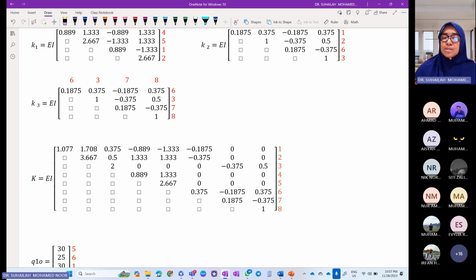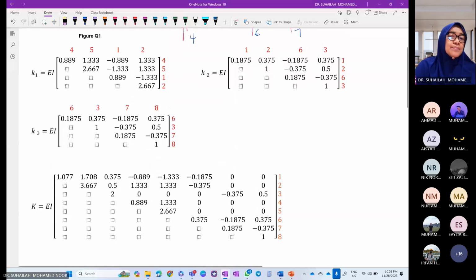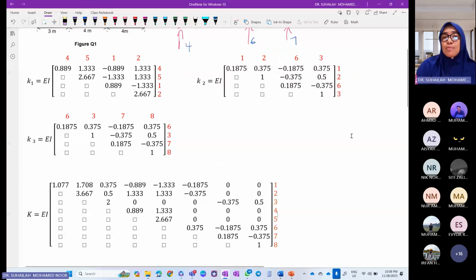We cannot get it directly. So we have to divide the structure into elements.